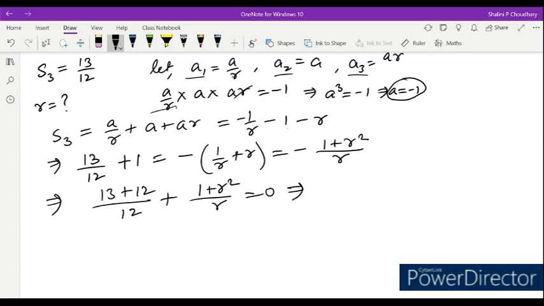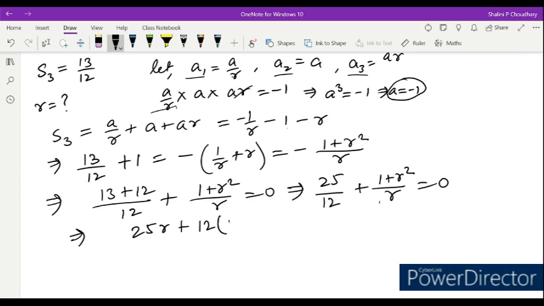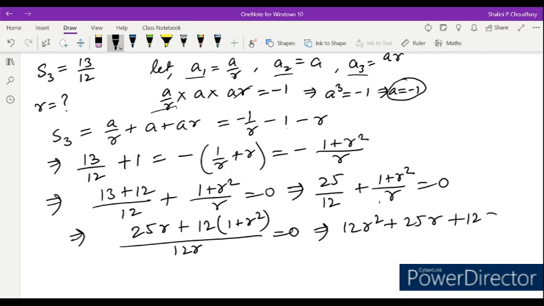Now we'll multiply by R. This is 25 upon 12 plus 1 plus R square upon R equal to 0. It means 25 R plus 12 into 1 plus R square equals 0. It means 12 R square plus 25 R plus 12 is equal to 0.